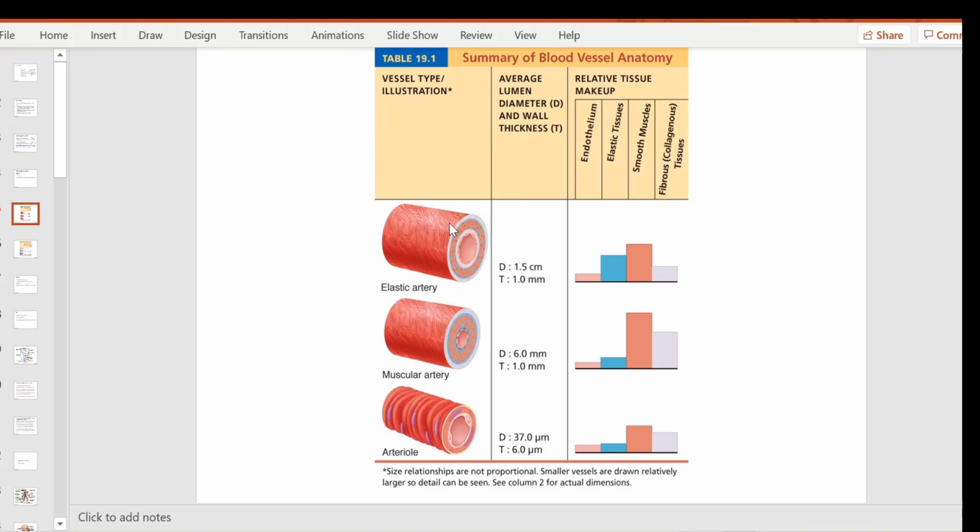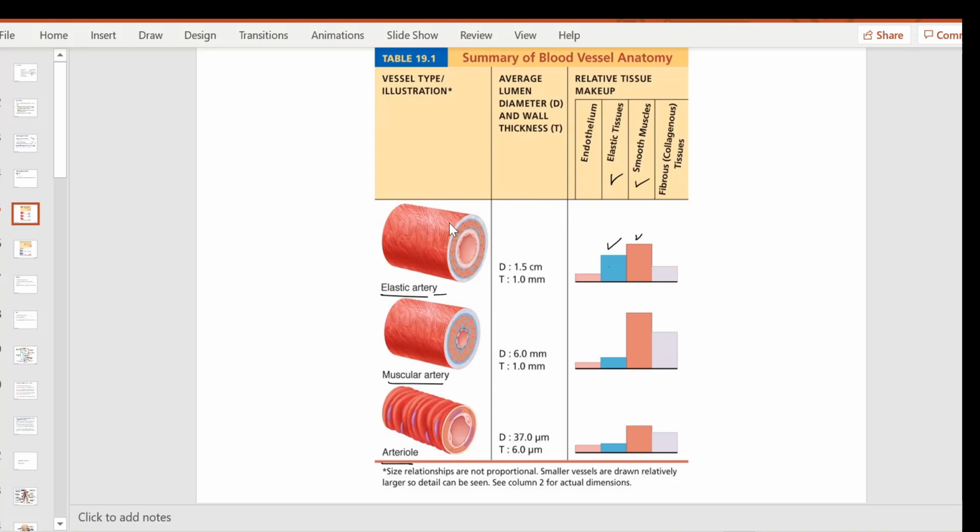Here you see three types of arteries: elastic artery, muscular artery, arteriole. Now if you see the amount of elastic and muscle tissue, these blue histograms are showing the amount of elastic tissue and red is showing the smooth muscle. So let's see the elastic artery.